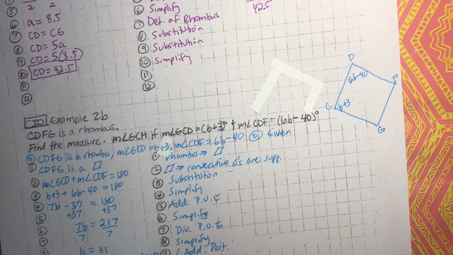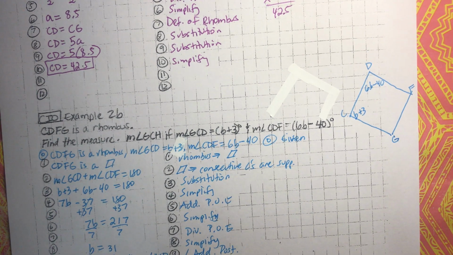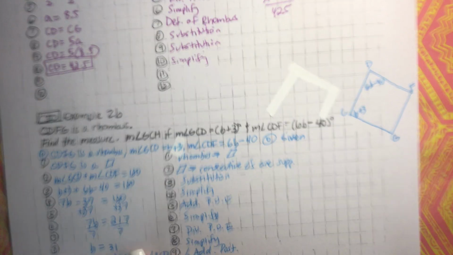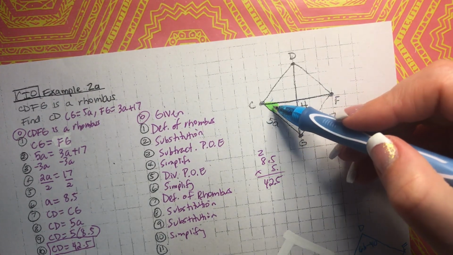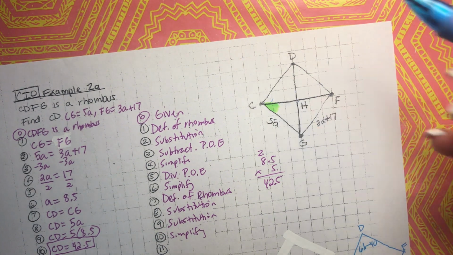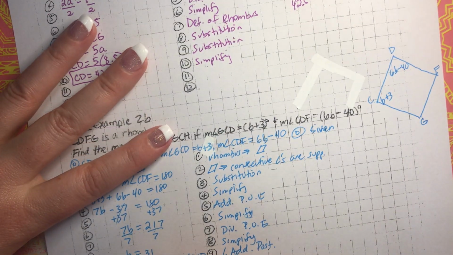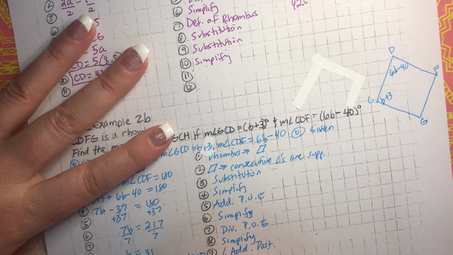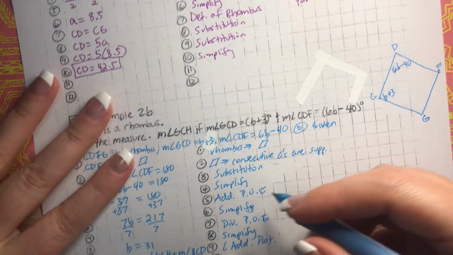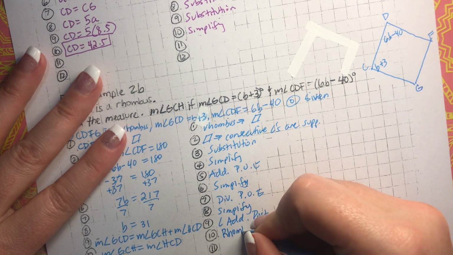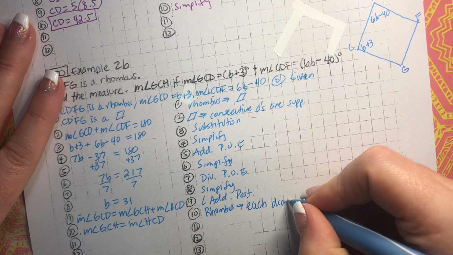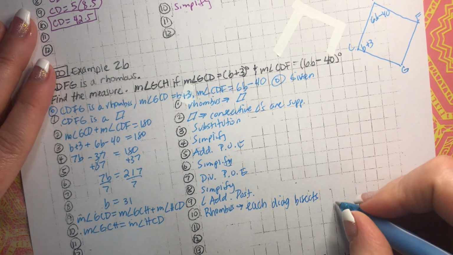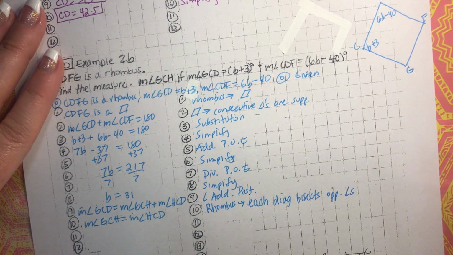Now, what can we say? We can say that these two angles are the same, because if it's a rhombus, the diagonal bisects the opposite angles. So let's say that the measure of angle GCH is equal to the measure of angle HCD, because if it is a rhombus, then each diagonal bisects opposite angles.